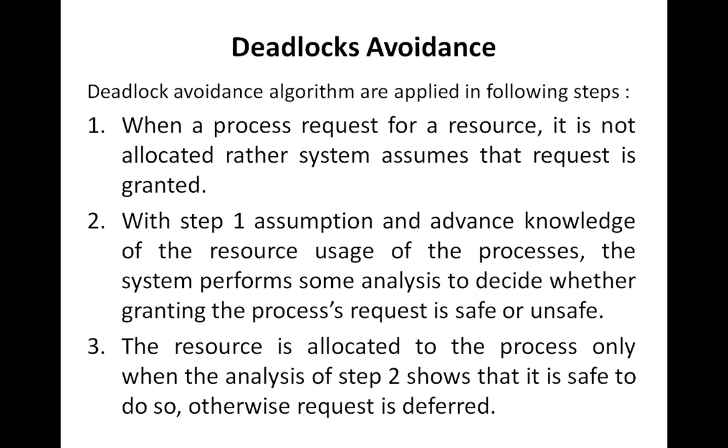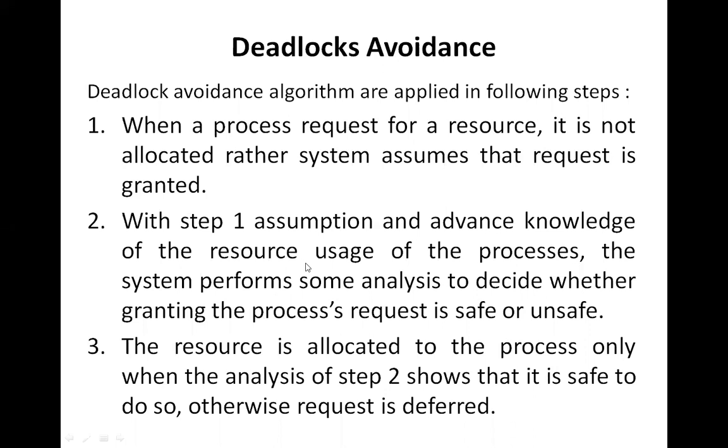there may be a situation that can create a deadlock. And the third step is that the resource is allocated to the process only when the analysis done in step number 2 shows that it is safe to do so. Otherwise, the request will be deferred. So in the first step, the request is received, the grant may be done, but no allocation.